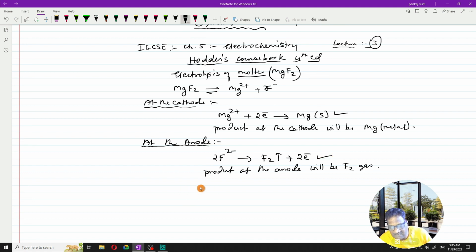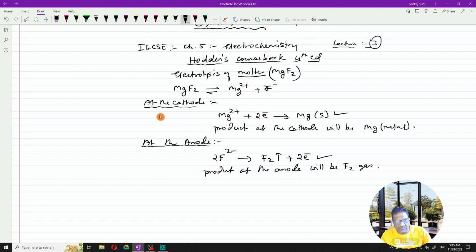The next question he has asked is state whether the processes are oxidation or reduction. So the question that can be asked is where oxidation is taking place and where reduction is taking place. If you see this particular reaction at the cathode, this magnesium ion is accepting, sorry, not oxygen, electrons.